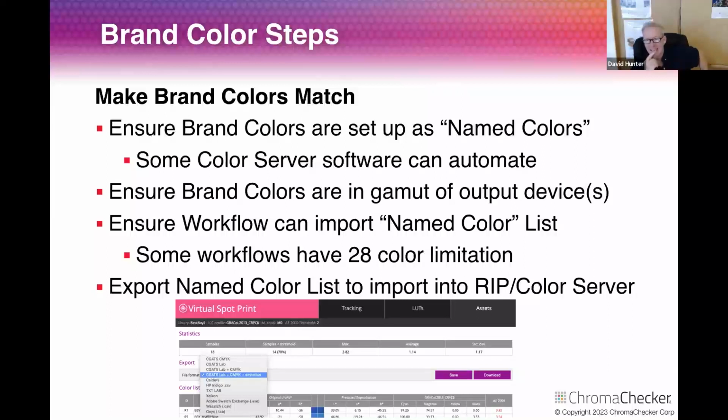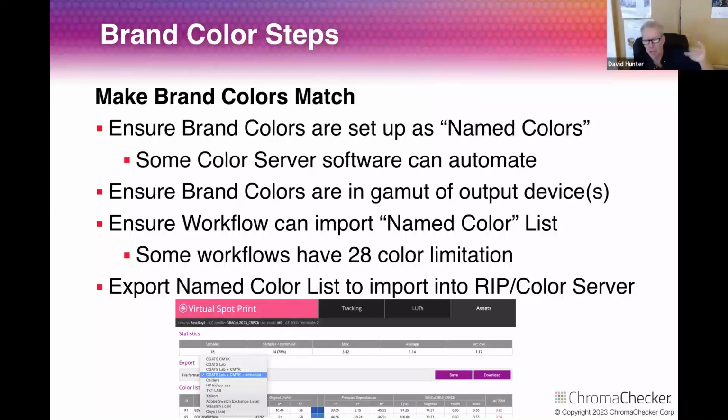It's like trying to manage that's going to be a nightmare. It's not going to work well, because trying to manage brand colors in CMYK, even though you get the process images right, to get the tighter tolerances that brand customers require for brand, you really need to turn them into named colors. And some color servers help automate that process.